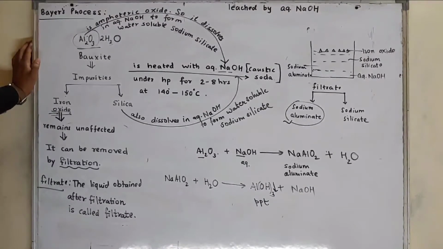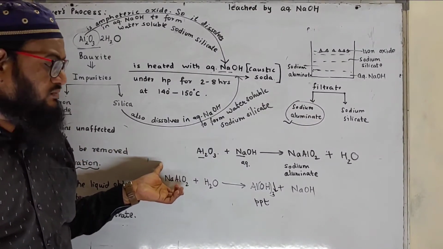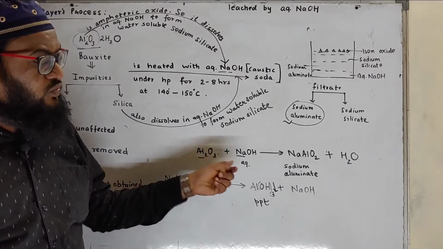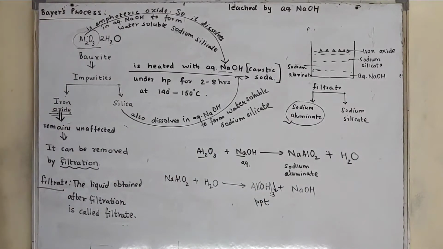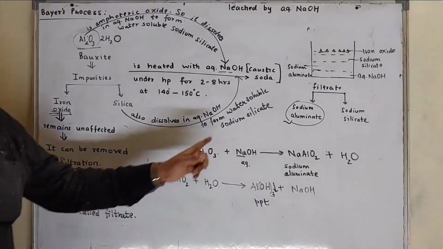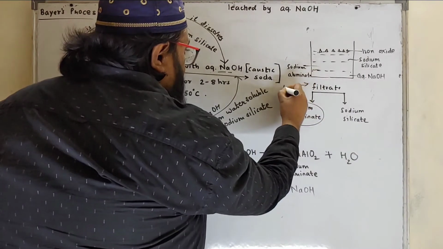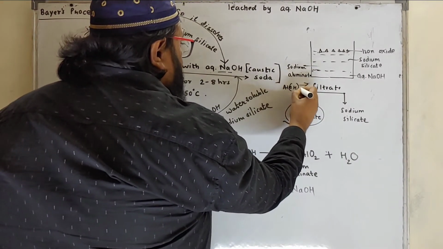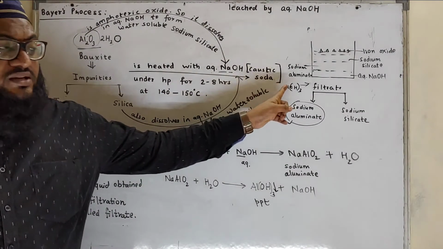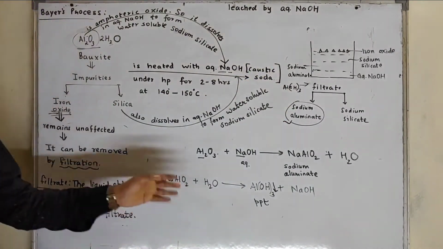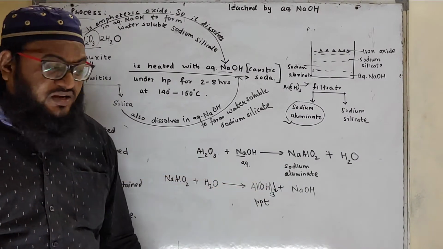But in your textbook it is said that diluting sodium aluminate by putting in water and then cooling to 50 degrees Celsius results in precipitation of aluminum hydroxide. In actual, we add a little aluminum hydroxide to the filtrate and stir it. This is called seeding. Anyway, we got the filtrate, and we got the precipitate aluminum hydroxide.